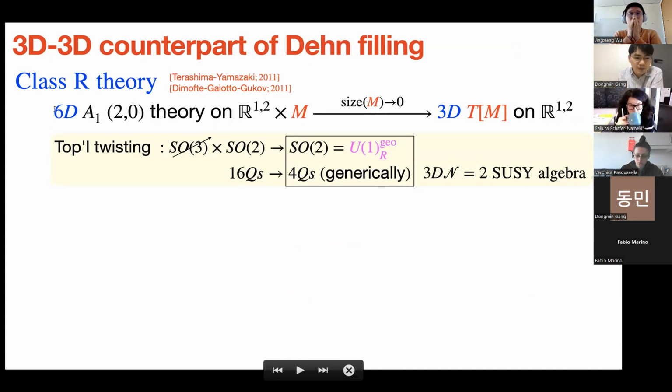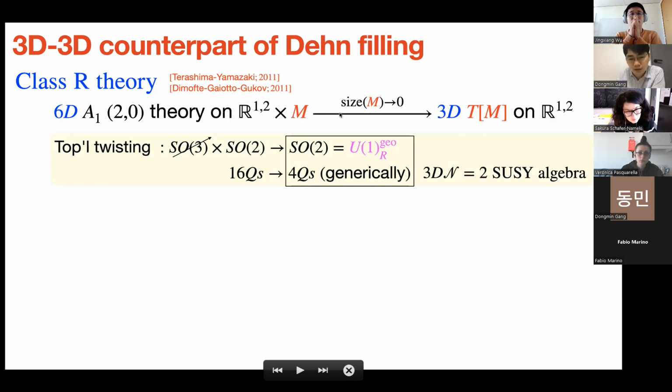We start from the 6D so-called (2,0) theory, which is a 6D theory with maximal supersymmetry, and we compactify this 6D theory on the three-manifold M. Here M is a closed three-manifold. Then, to preserve supersymmetry, we do some partial topological twisting using the R-symmetry. The 6D theory has SO(5) R-symmetry, and we consider an SO(3) subgroup and use this subgroup to do the topological twisting.